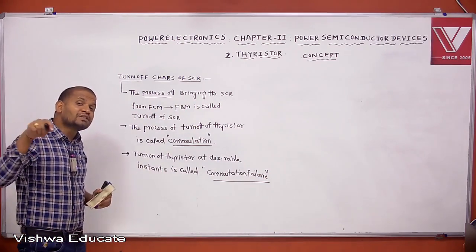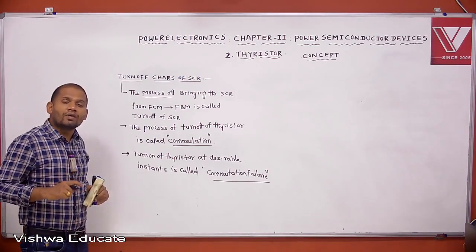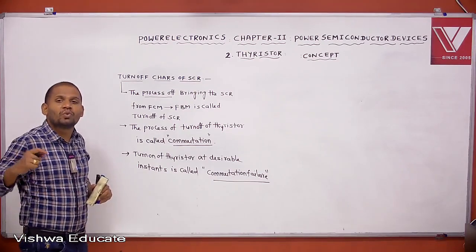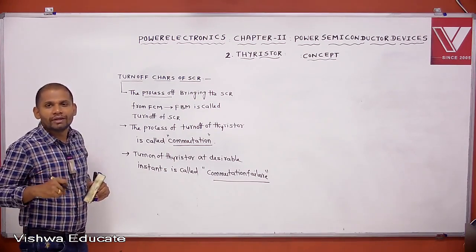Tell me how the thyristor will be turned off? Yes, the thyristor is turned off by applying reverse voltage and the current is reduced below the holding current.